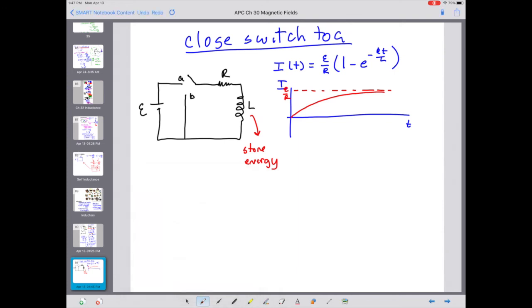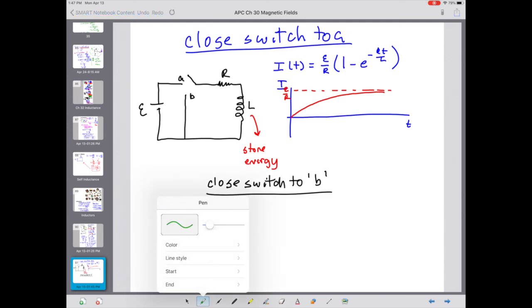When we flip the switch and we close the switch to B, well, let's change our circuit a little bit here. If we close the switch to B, now our switch is down there, which means all of that stuff is gone.